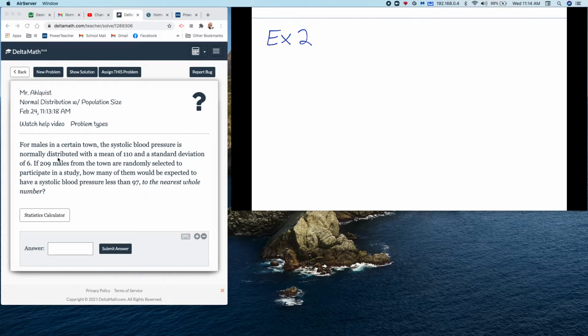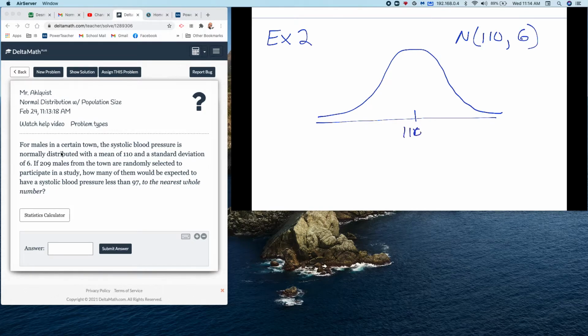So we know that we have a normal curve with a mean of 110 and a standard deviation of 6. You should be able to do that really quickly now. If 209 males from a town are randomly selected to participate in the study, how many of them would be expected to have a systolic blood pressure less than 97?